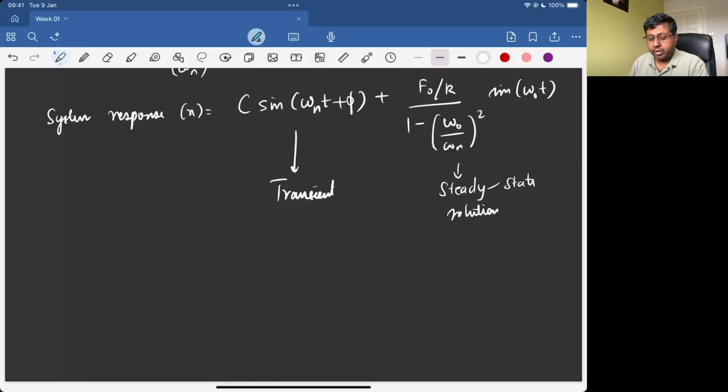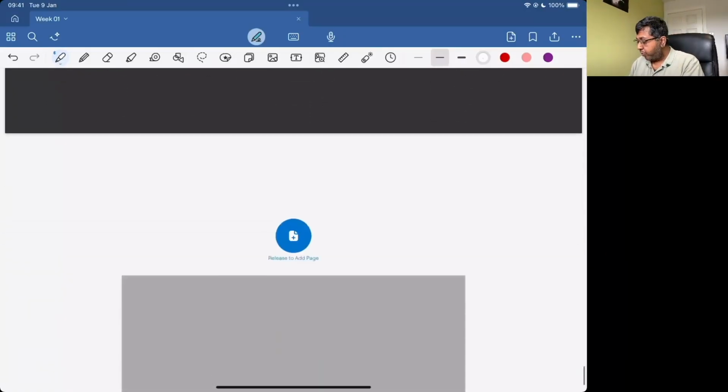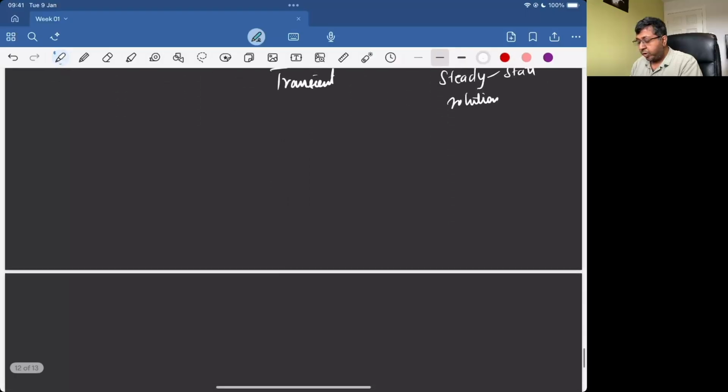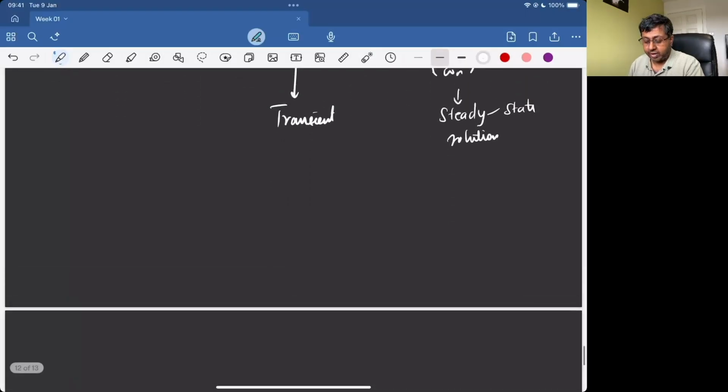and that's nothing but our steady state solution. Okay. So then we looked at some concept. We'll now look at a concept called magnification factor. Right? How much is the amplitude being magnified as the frequency increases? So we know that as the frequency reaches the natural frequency, our amplitude of vibration increases to infinity. Right?